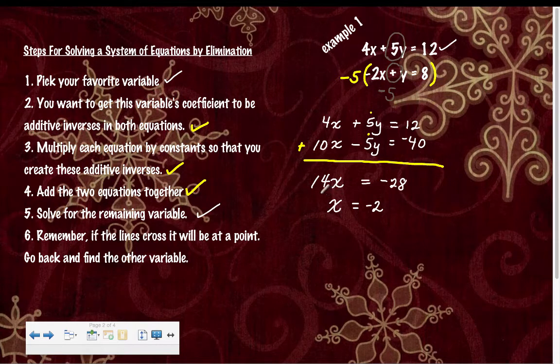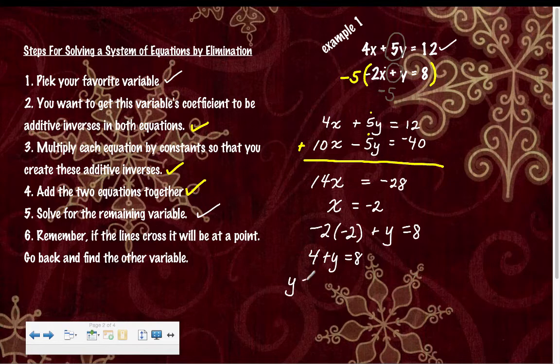Now I want to solve for the remaining variable. That would be the y. So I can go back to either equation I want. I'm going to go back to the second one because it looks the easiest. -2, in for x, I'm going to put -2 plus y equals 8. 4 plus y equals 8.